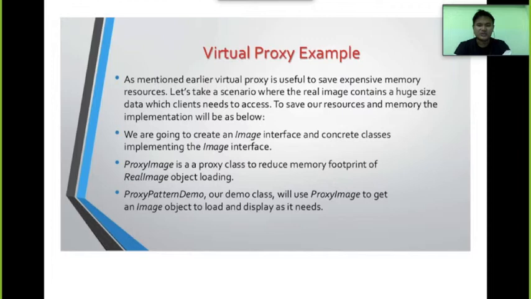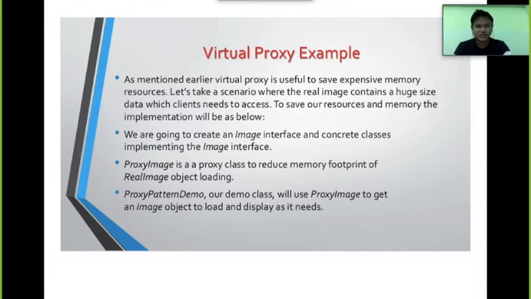Now we are giving a virtual proxy example. As we mentioned earlier, the virtual proxy is useful to save expensive memory resources. Let's take a scenario where the real image contains huge size data which the client needs to access. To save our resources and memory, the implementation will be as below. We create an image interface and a concrete class implementing the image interface.